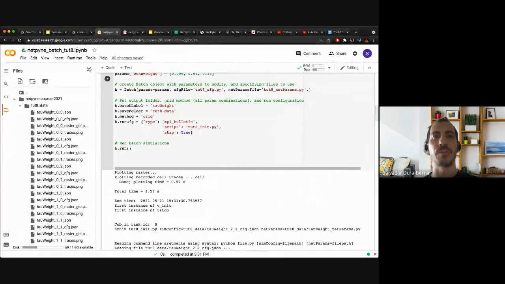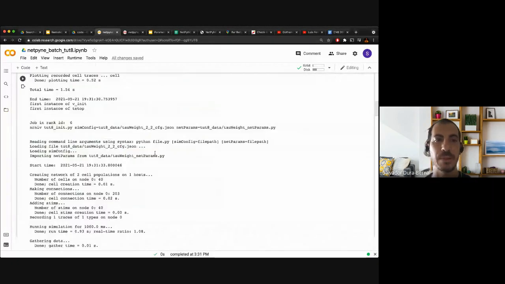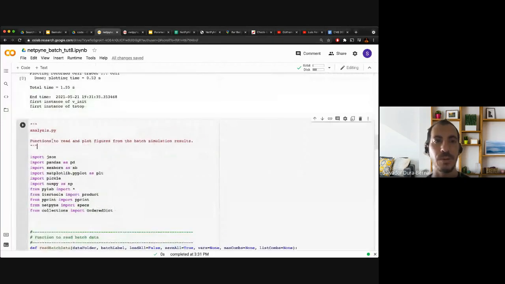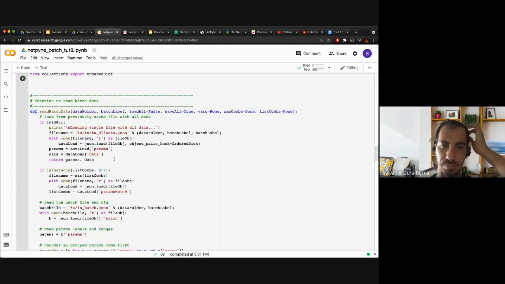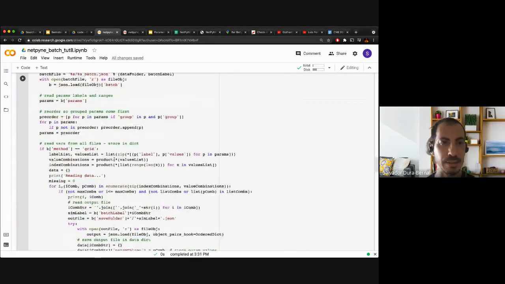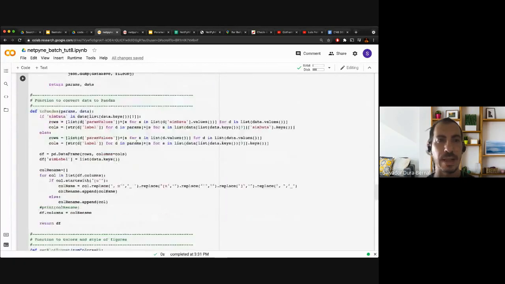But a nice way of visualizing this kind of batch exploration is to look at all the parameters at the same time. So in the cell below, there is this code called analysis.py. It's just a function first to read the data. It reads the data from all the different output files in JSON, combines the data into a single data structure and generates a plot.